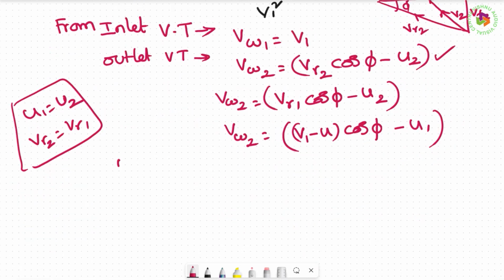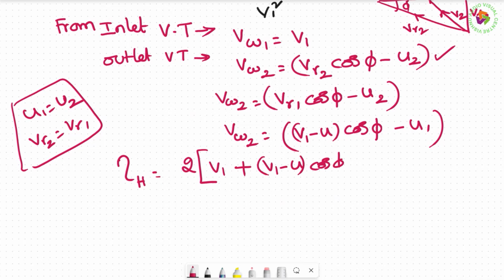Fine. Now I will substitute all this. Therefore, hydraulic efficiency is equal to 2 into [V1 plus (V1 minus U) cos phi minus U1] into U divided by V1 square.